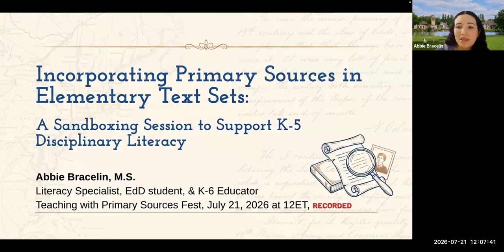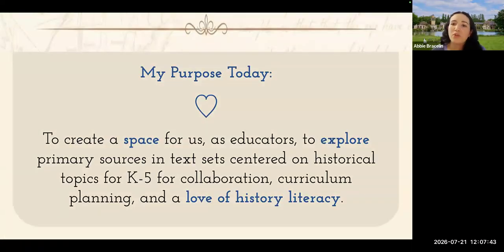Okay, so my purpose today is to create a space for us as educators, even if you are higher education or a parent, you are an educator. Everyone is an educator. And here we are exploring how primary sources can fit into text sets, for the purpose of collaborating together, curriculum planning, especially if you're supporting teachers, the why behind why this matters, and just overall love for history literacy.